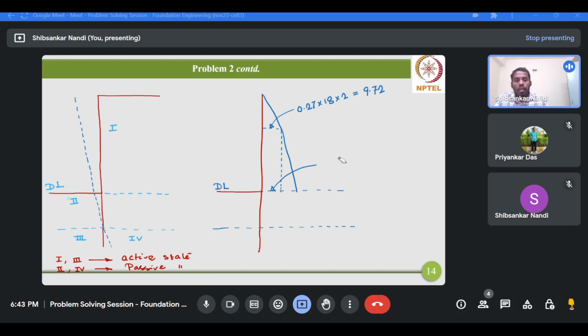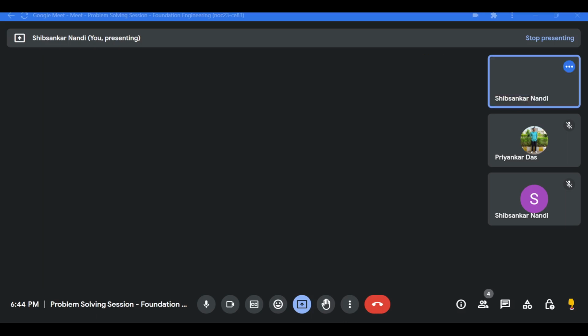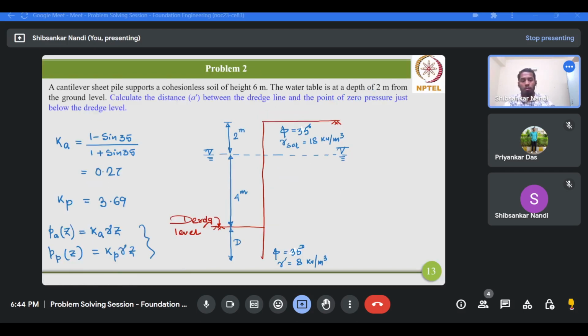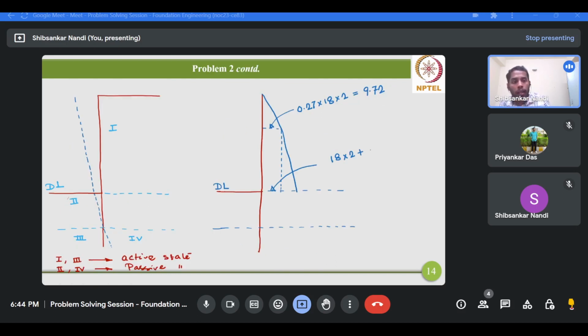Now coming to the dredge level, it will be 18 multiplied by 2 plus 8 multiplied by the remaining height, that means 8 multiplied by 4.